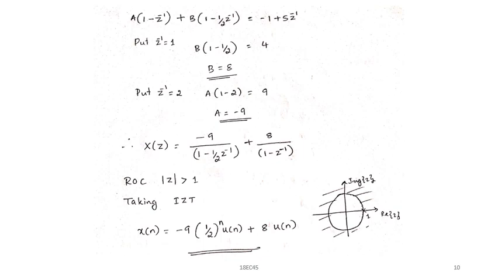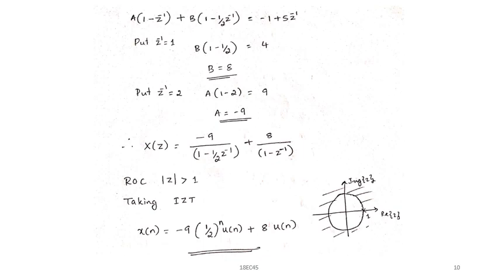And one more possibility with the ROC is mod z greater than 1 by 2 and less than 1. So based on the ROC, here I will obtain the inverse z transform of the given X of z.